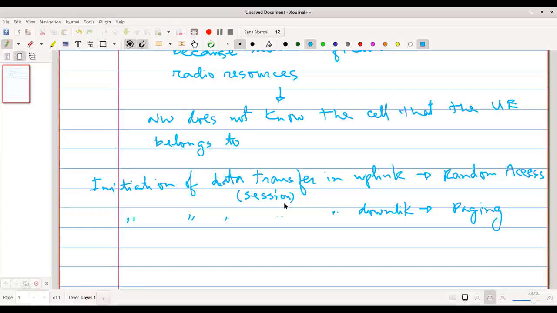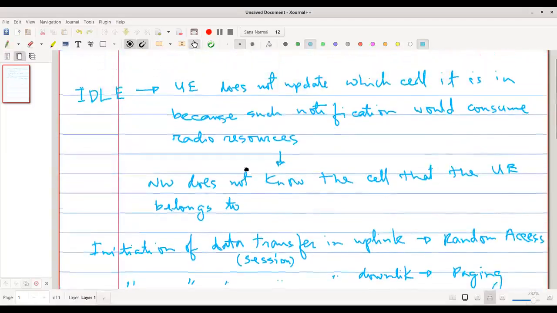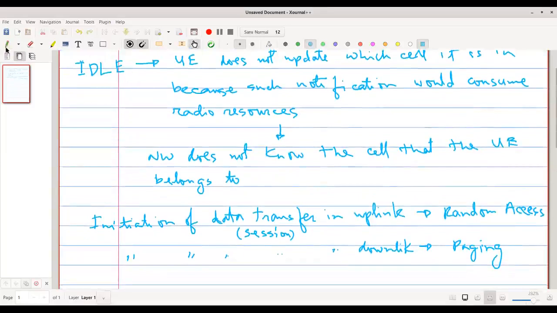So from idle state, if there is a requirement for downlink or for uplink, then you have this random access or paging procedure.